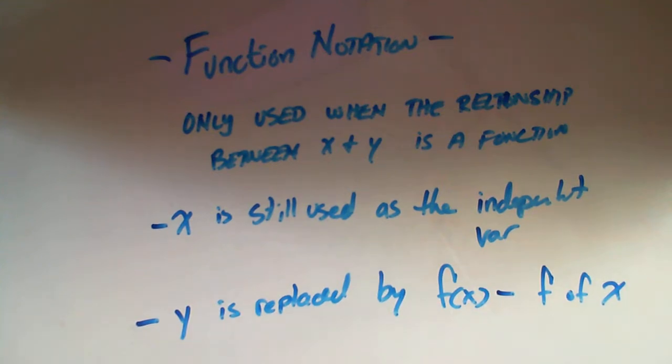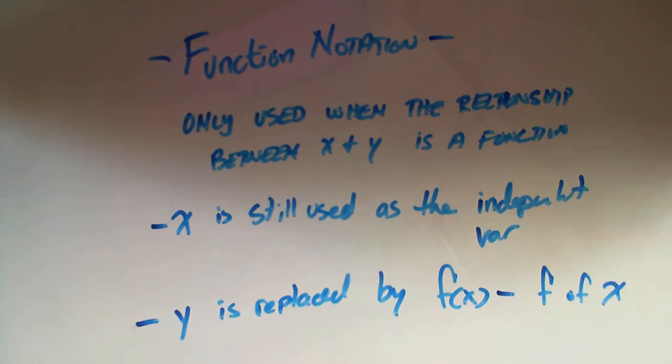We do that so that it makes it easy to plug things in. As we work with function notation, we will see that when you plug things in, you just replace that x with whatever number it is that you want to plug in. So that is called function notation.